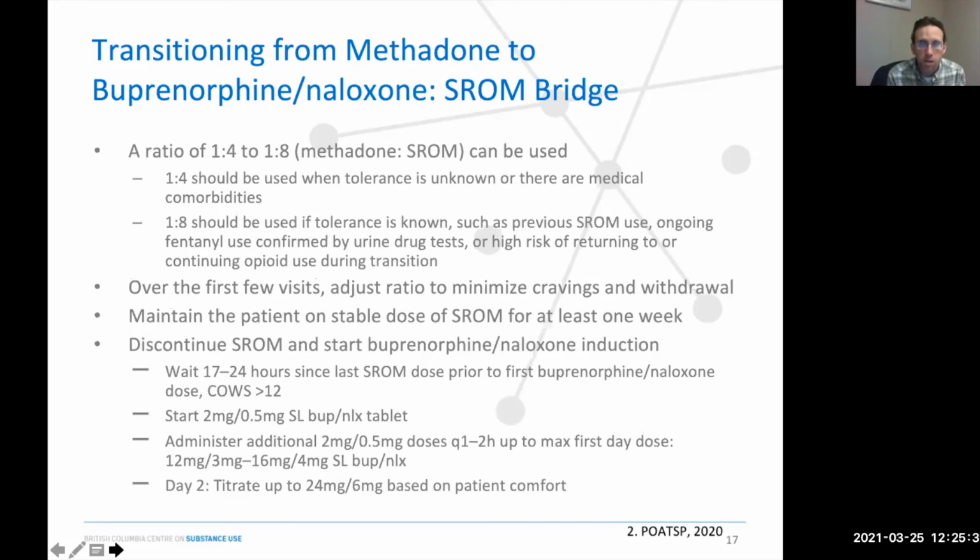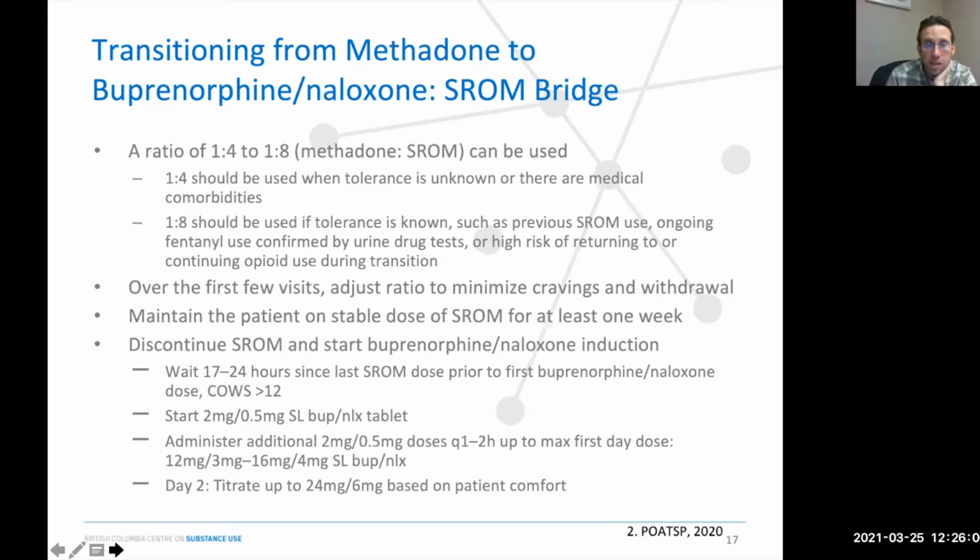And then once someone's on Esrom, going from Esrom to buprenorphine, you can either do the microdosing just like we talked about with methadone, and that's what I would actually generally do, is microdose from Esrom to Suboxone as well, to buprenorphine. But you can also stop the slow release oral morphine and start buprenorphine naloxone in a more traditional way.